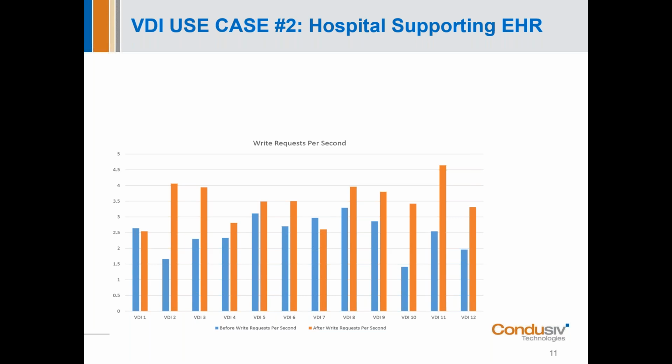The orange represents the measurement taken with Velocity, and you can see a pretty nice trend of improvement with write requests per second. Now, let's go on to the next slide, Jennifer.